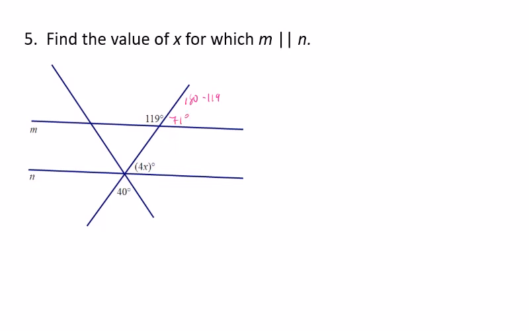Okay, and so what we can say is, well, 4x must equal 71 degrees by the converse of the corresponding angles theorem, right? And so then we can just divide by 4, and x must equal 71 fourths. All right.